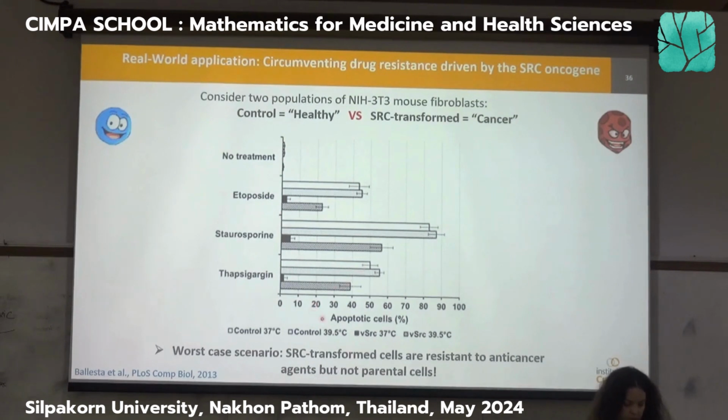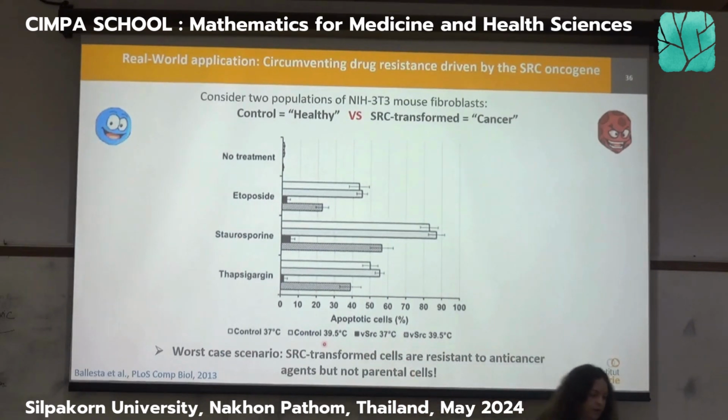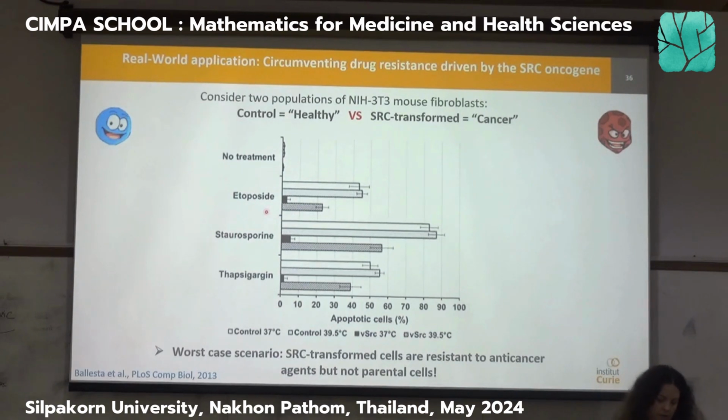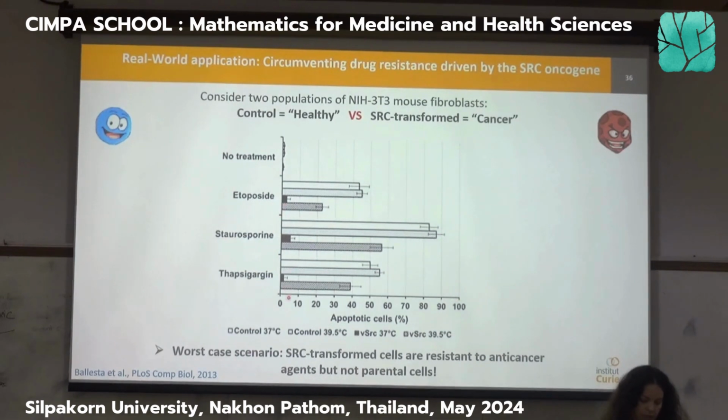Now, if you forget a bit about the conditions at 39.5 degrees and focus only on the 37 degrees, the black bars, as you can see here, for the cancer cells, for any of the three drugs, the percentage of cells dying is really low. They are clearly below 10% and sometimes even below 5%.